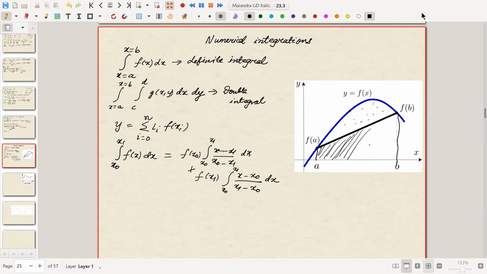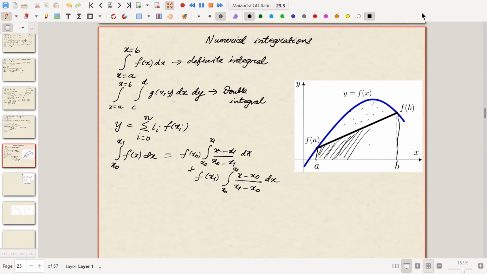Did you understand this? See, y is a summation of Li f(xi). That means it is L0 f0 plus L1 f1. Now you are taking the integration of f(x) dx. This is not exactly equal; this is an approximation.